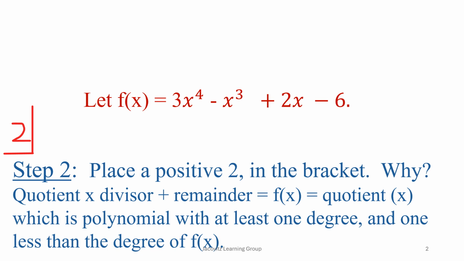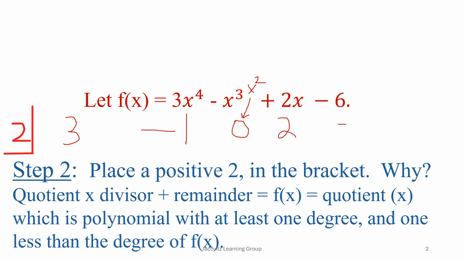So we place a positive 2 in the remainder bracket, and then we get ready to write all these coefficients. This is a positive 3. This is the part that gets really tricky. This is a -1. Guess what? There's no x to the second power, so you have to place a 0 for this, because it's not there. And this is a 2.